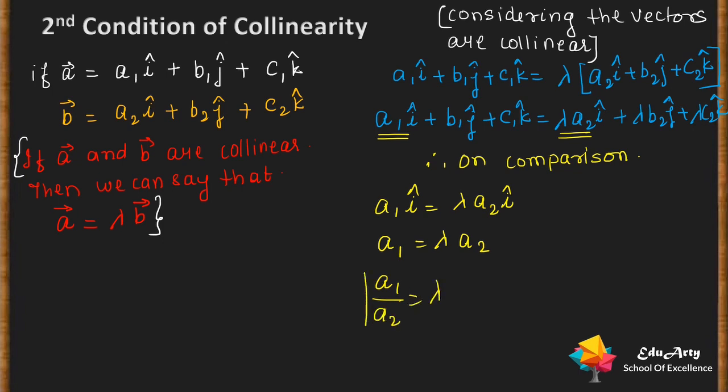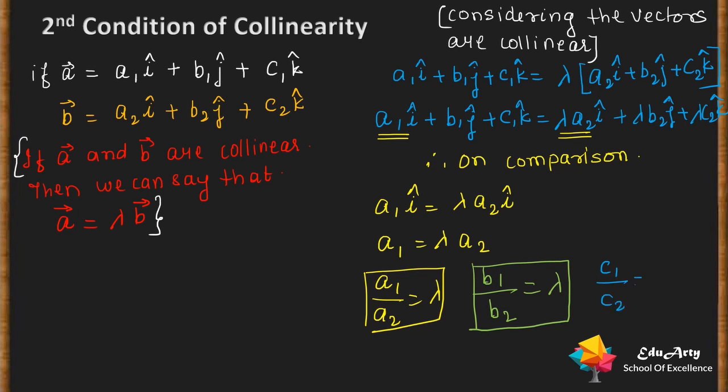The same theory we can apply for b and c as well, correct. So similarly, b1 by b2 is equal to lambda, and the last one will be c1 by c2, which is also equal to lambda.